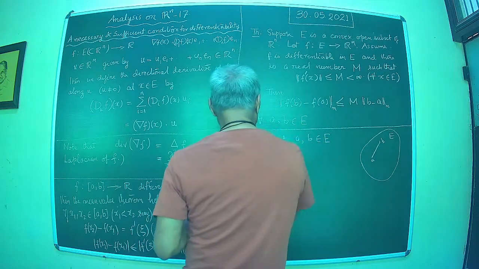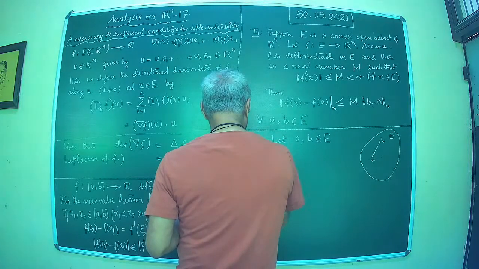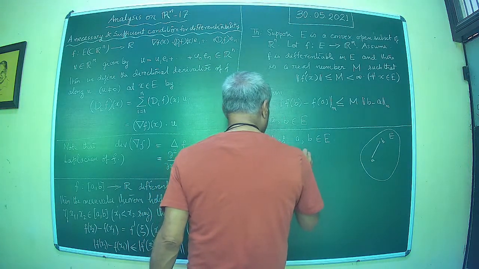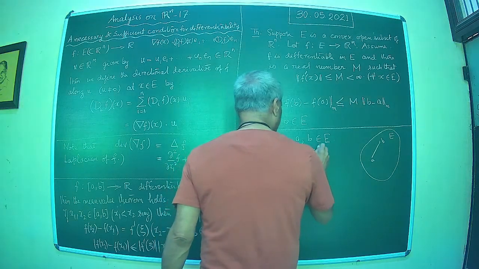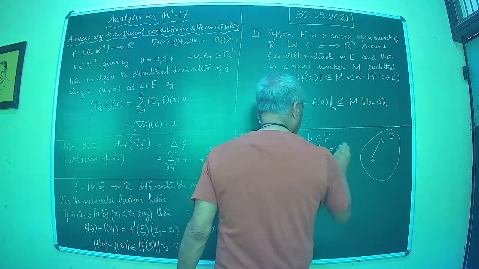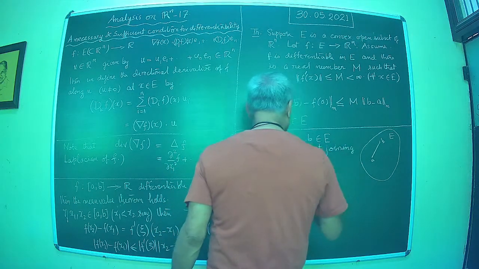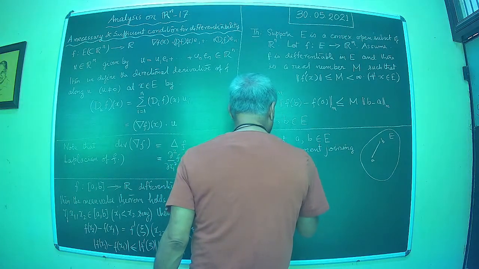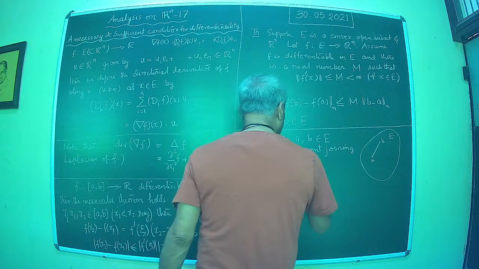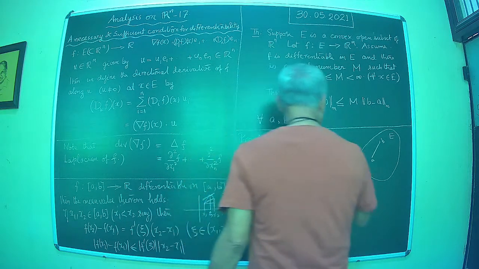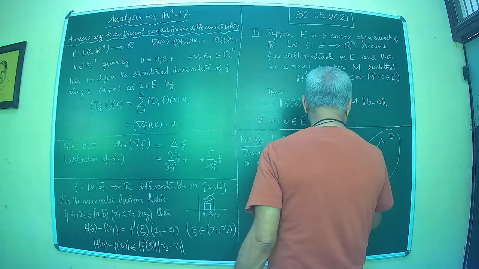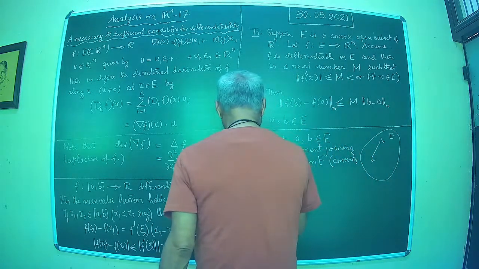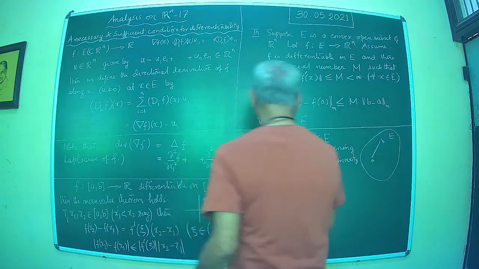Then the line segment joining a and b lies in E. We are assuming this convex.